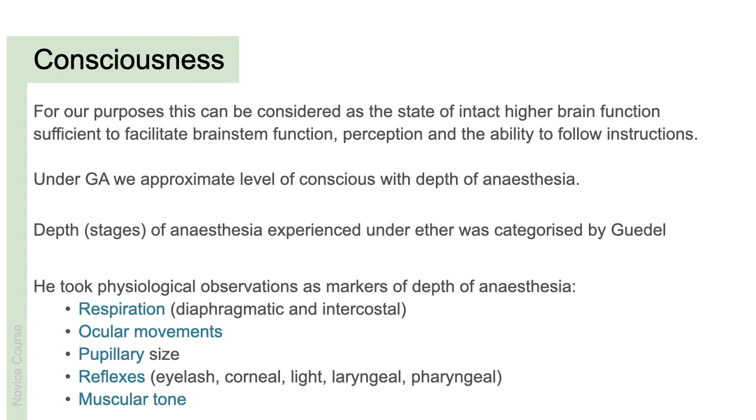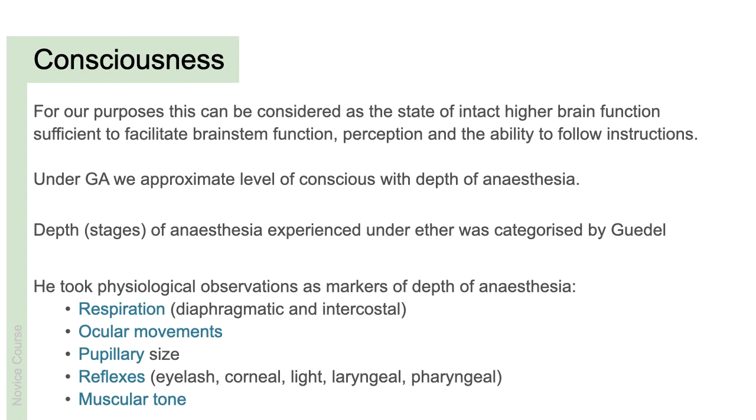So he took physiological observations as markers of depth of anaesthesia. These included looking at the patient's respiration, which was specifically the diaphragmatic and intercostal muscle function, their pattern of breathing, depth of breathing, and regularity. He looked at ocular movements, whether the eyes were roaming around, whether they're fixed, whether they're able to track, looking at pupillary size, and looking at the presence of reflexes, such as the eyelash reflex, corneal reflex, light reflex, laryngeal reflex, or pharyngeal reflex.